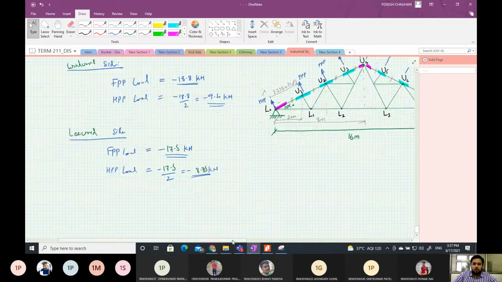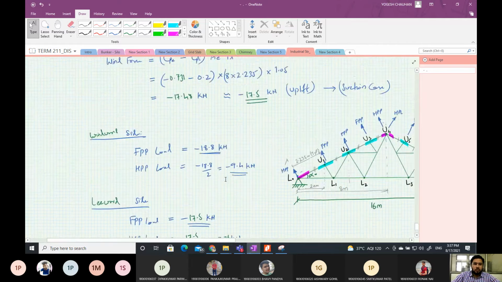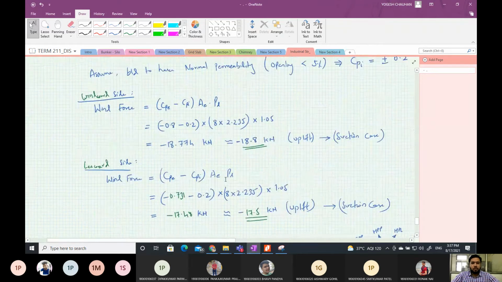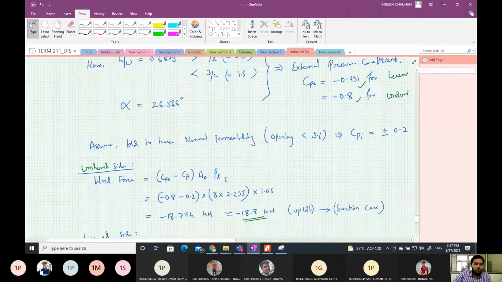So now we have found all the panel points, load at the panel points for dead load, live load and wind load.